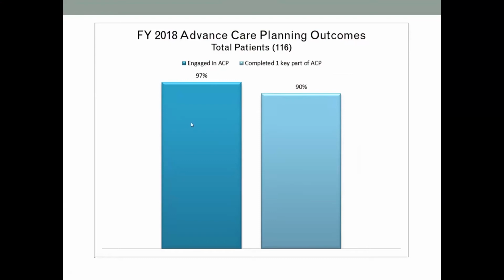So 97% of our patients, in terms of completing one key piece of advanced care planning, defined as having a POLST filled out for patients whose care preferences dictate limiting aggressive measures.